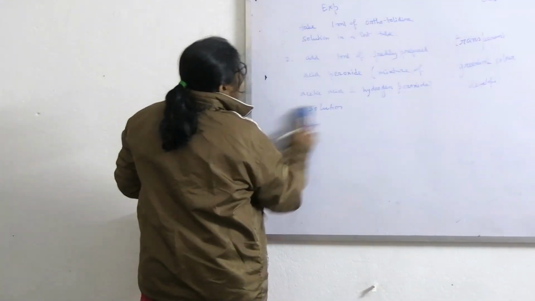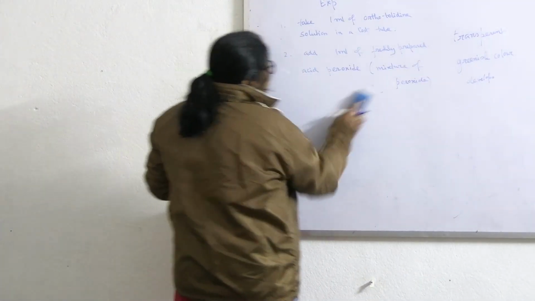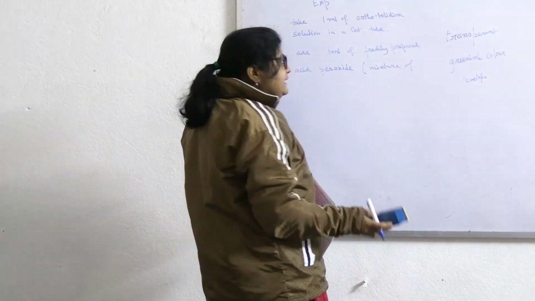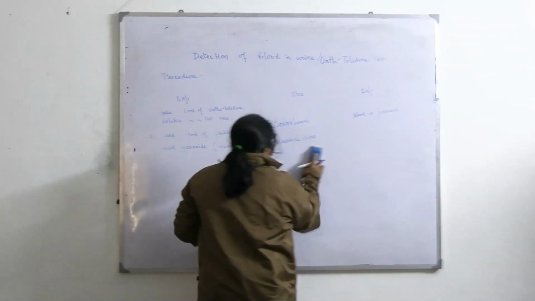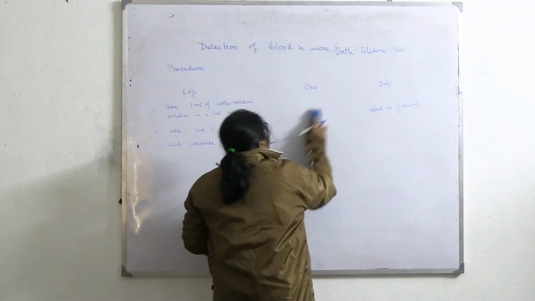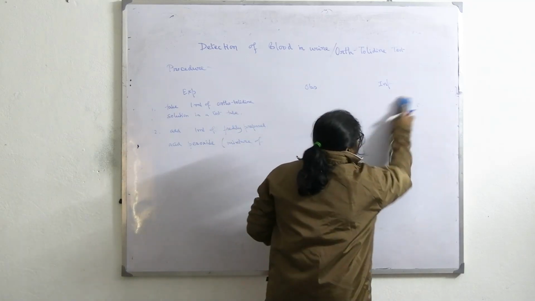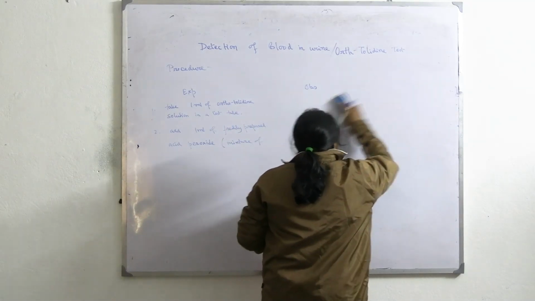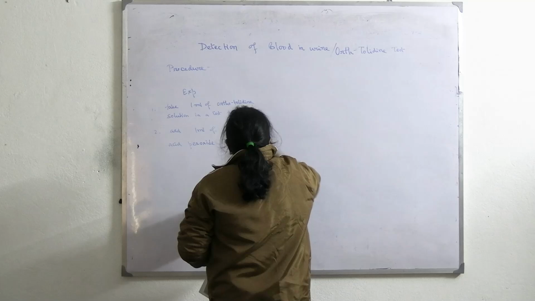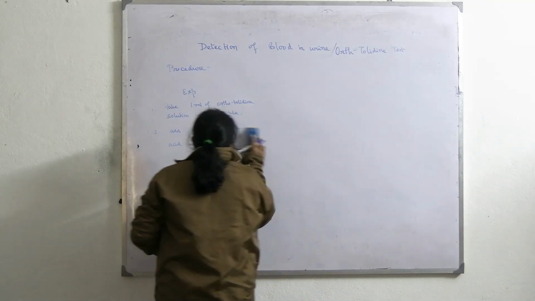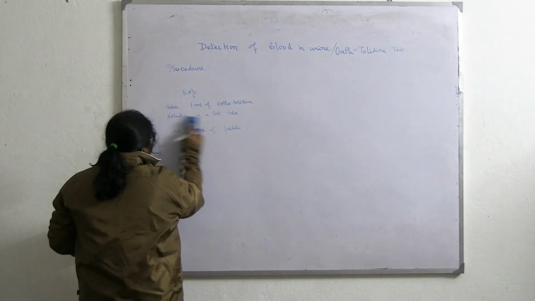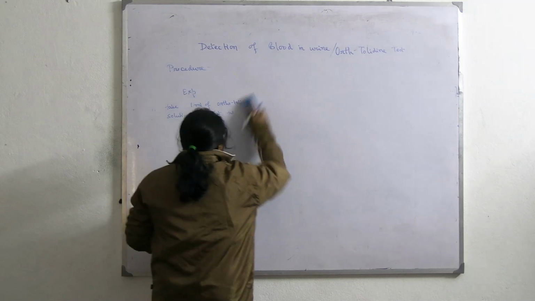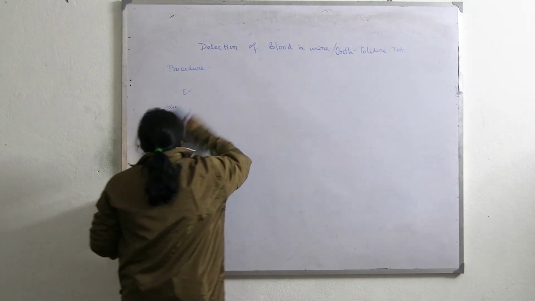Previously, the detection of blood in urine was done by benzidine test, but now as benzidine is carcinogenic, this test is no longer in use. Okay.